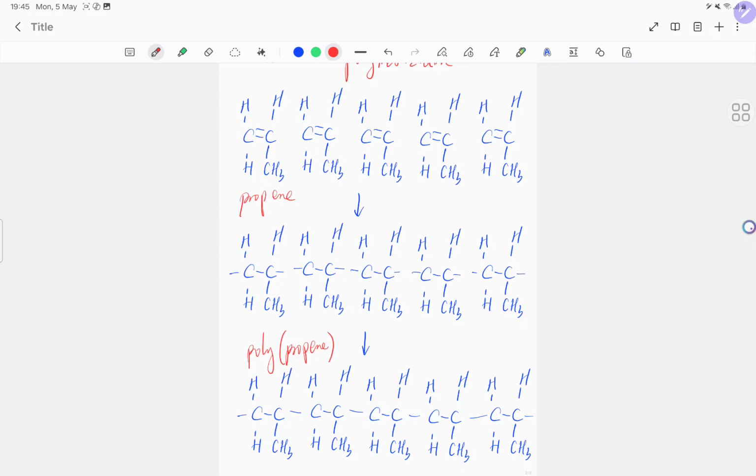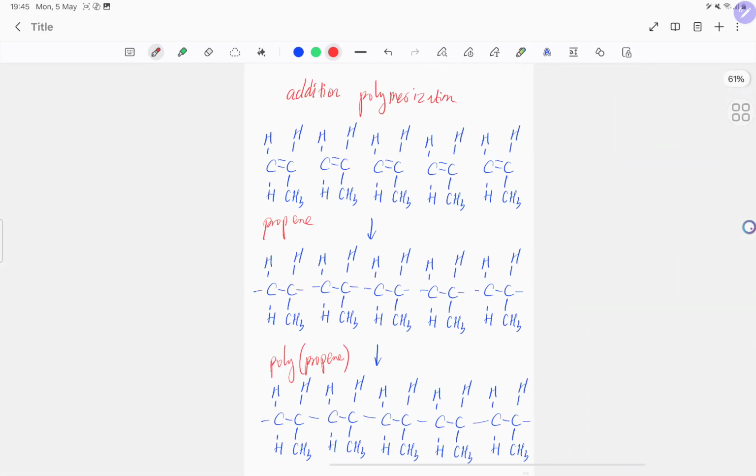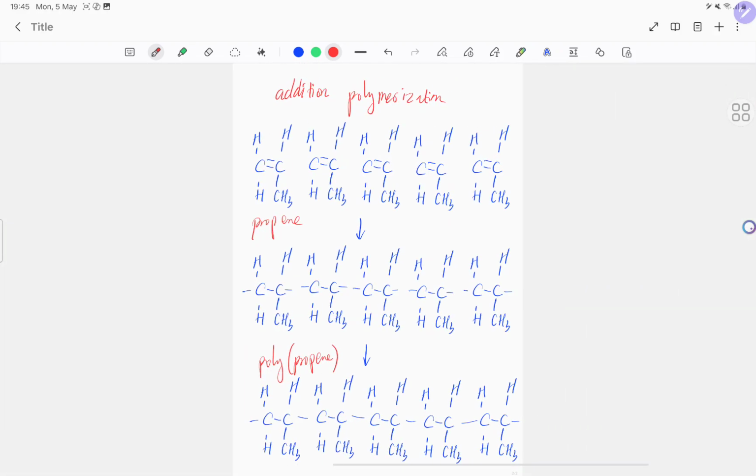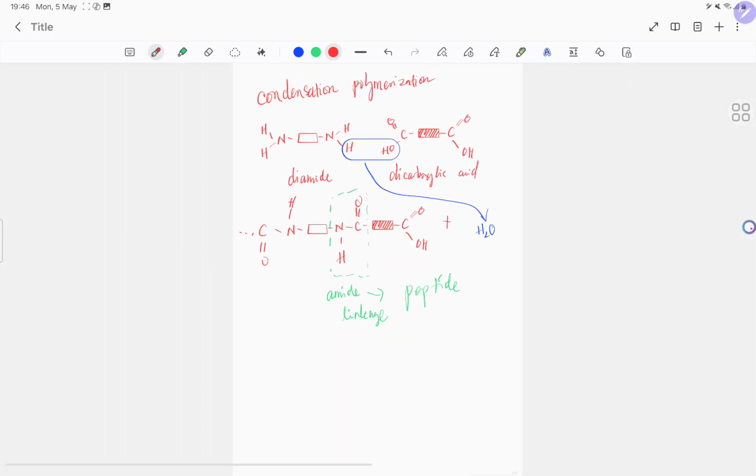Okay, so the difference here, again, you can see, is that addition polymerization doesn't produce small products. So it doesn't produce water. Yeah, correct. But actually, water is not the only side product that can be produced in condensation polymerization.